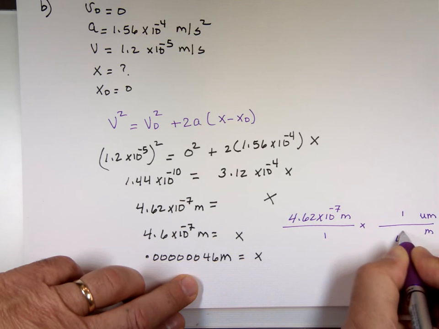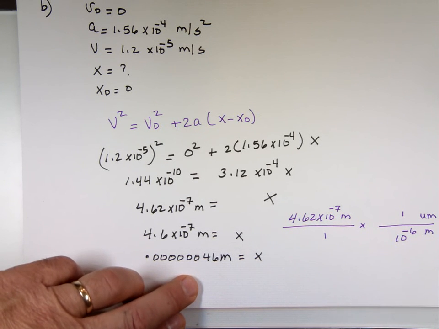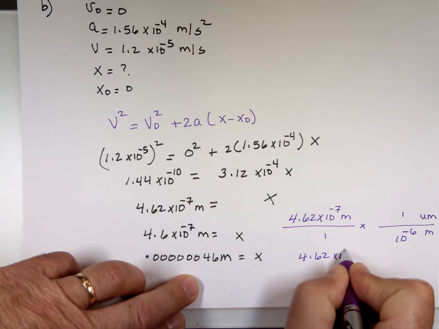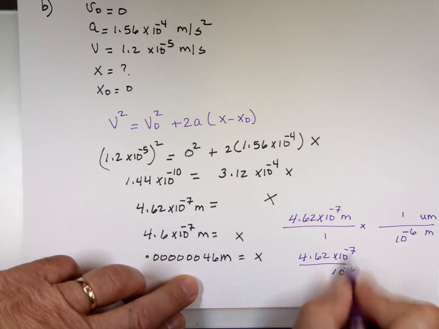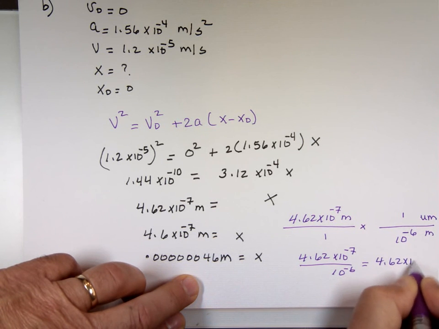Negative 6. So this will be 4.62 times 10 to the negative 7 divided by 10 to the negative 6. When you divide, you subtract the exponents. 4.62 times 10 to the negative 1.